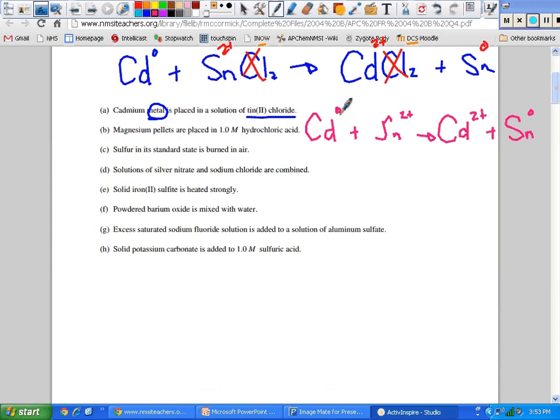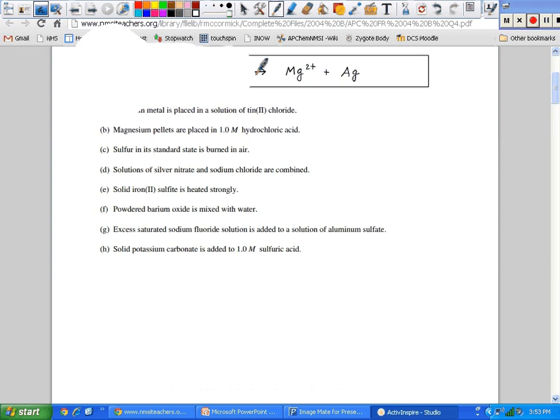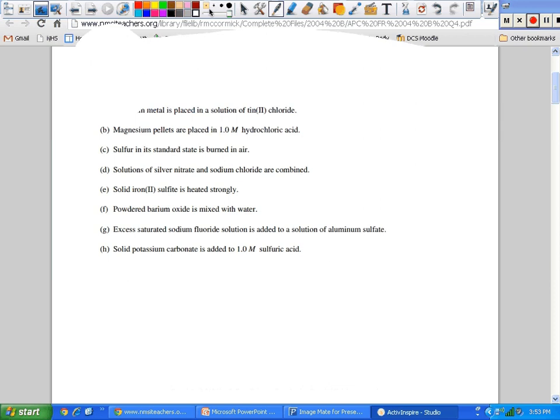They keep whiting this box out. Ooh, that's not good. All right, magnesium pellets. When it says magnesium pellets, what is that telling me? It's a solid. So it's Mg solid is placed in a 1.0 molar hydrochloric acid.